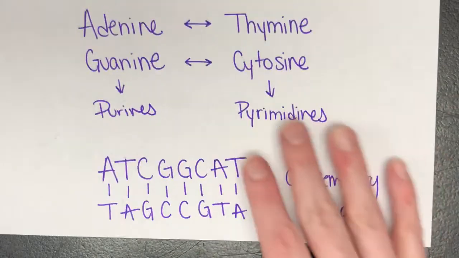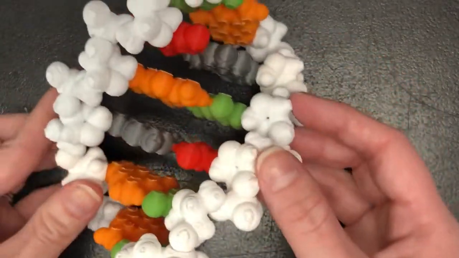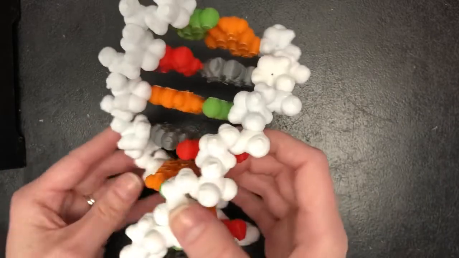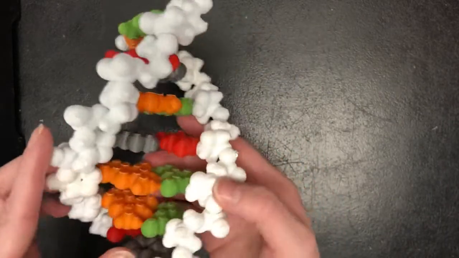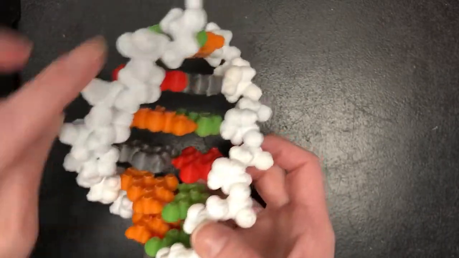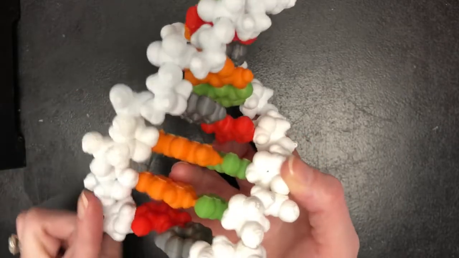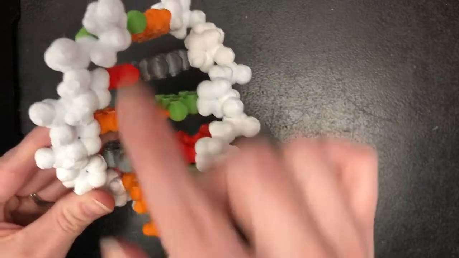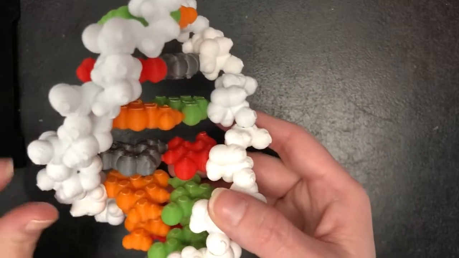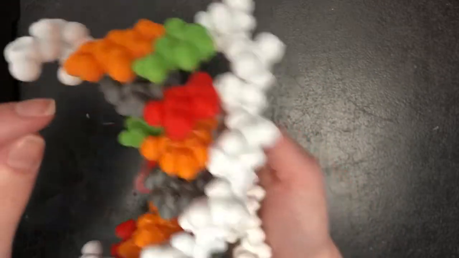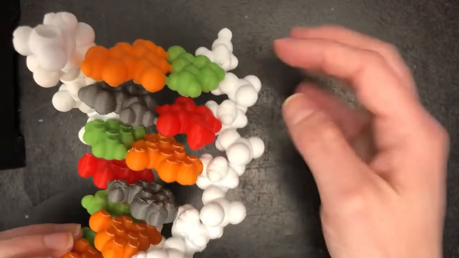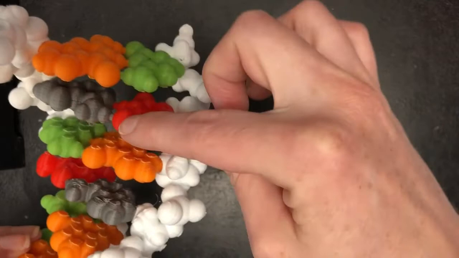Now I'm going to show you guys a model so that we understand a little bit better about what this looks like. So this is a better, more detailed model. Here we have our alternating sugar phosphate backbone, okay? So alternating sugar and phosphate, and in the center here, we have our nitrogen bases.